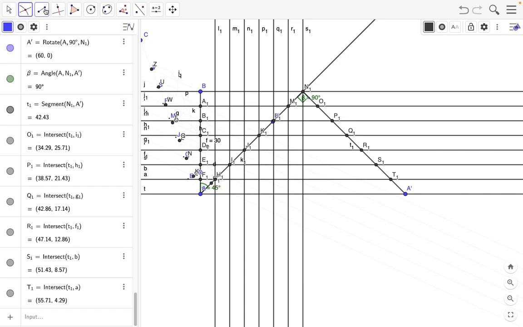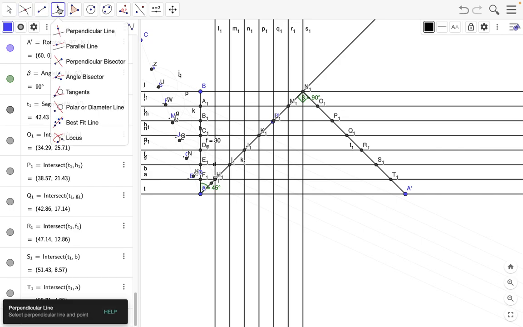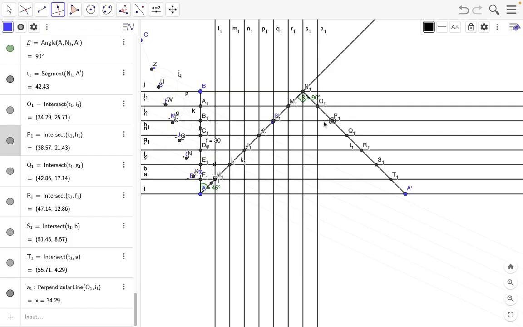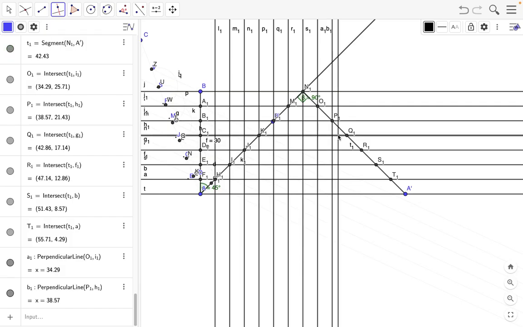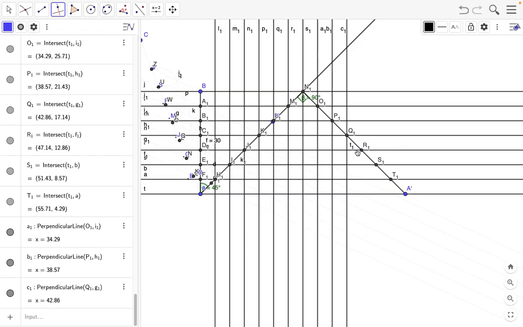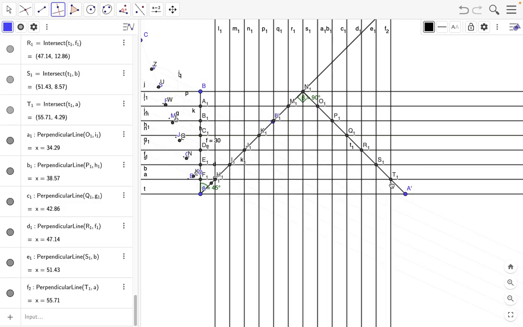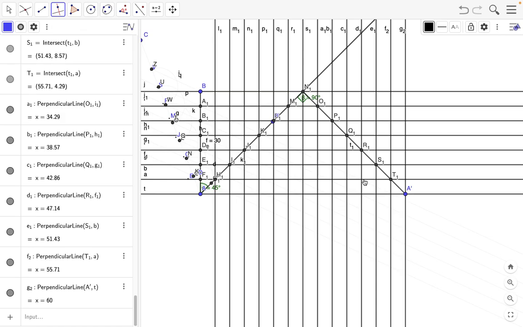So now we can draw the perpendicular lines at these points. Like this we can continue doing that, and that way the grids can be generated.